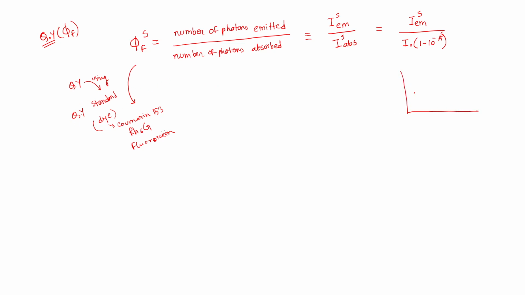Suppose this is the absorbance spectrum of your sample, and this is lambda in nanometers. You need to choose a fluorescence standard which has a proper overlap with it. So this is for your sample, and your reference, or the standard, should also, suppose this is for your standard, have an overlap in the absorbance region.